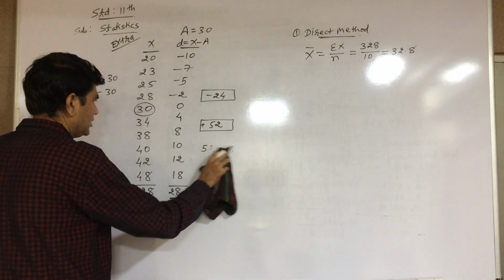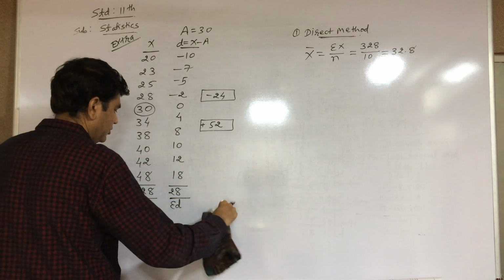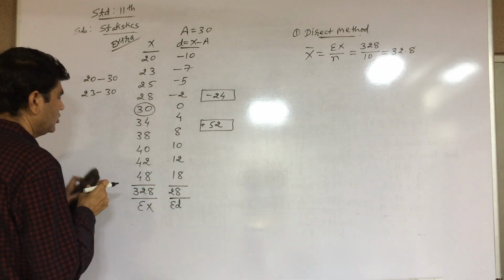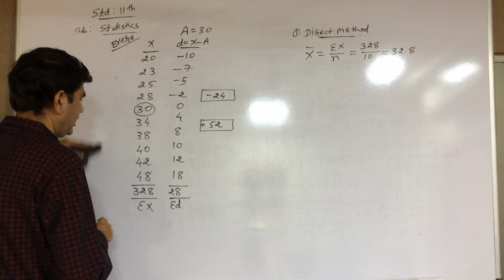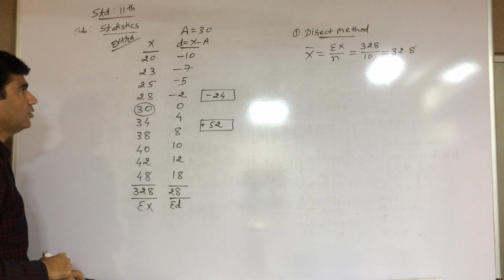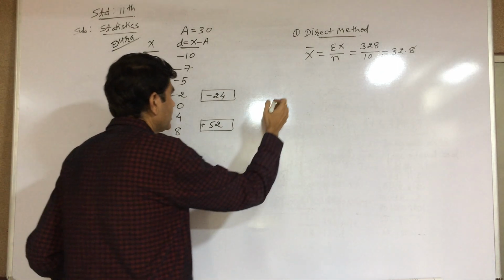I repeat, this time we assume different value, not smallest value. So total of D is 28 and A is equal to 30. Now apply formula for shortcut method.